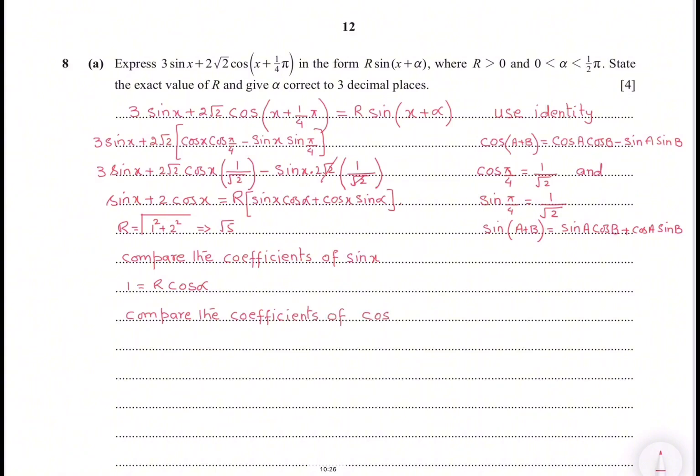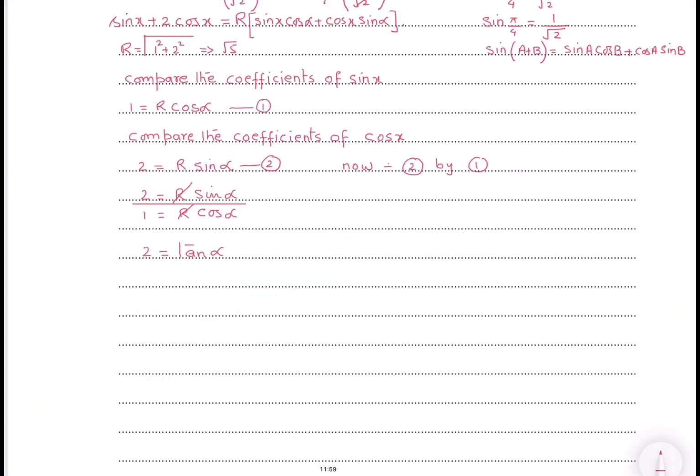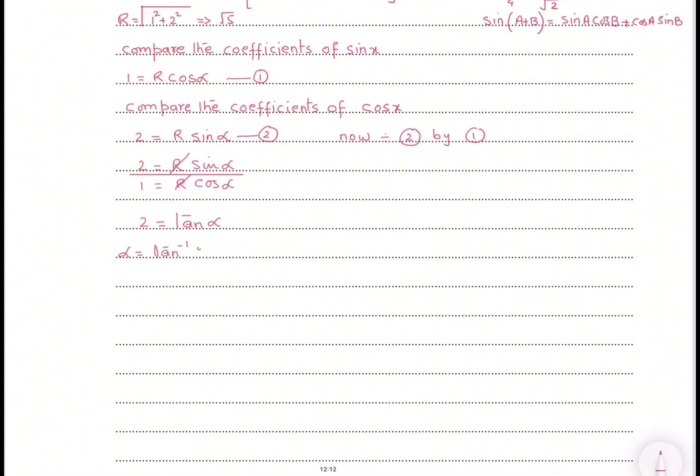Compare the coefficients of cos x: 2 equals r sin alpha. Now 2 divided by 1 gives you tan alpha equals 2. So alpha is tan inverse of 2, which is 1.107. So it becomes root 5 sin(x plus 1.107).